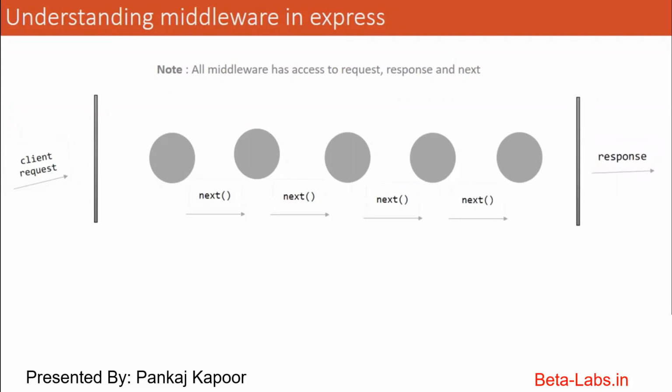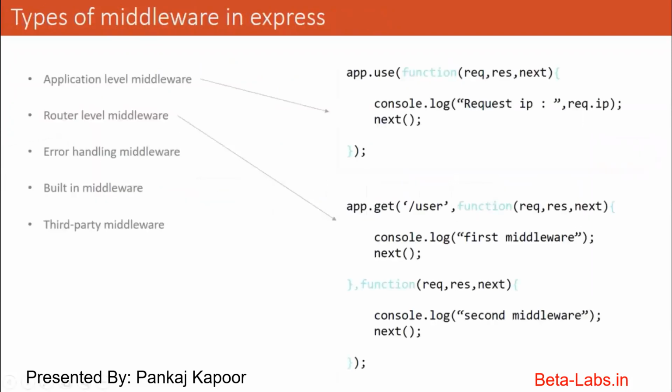Now, what are the different types of middlewares available? There are different kinds of middleware that we can use in our application. The first is known as application level middleware, which works for the entire application.